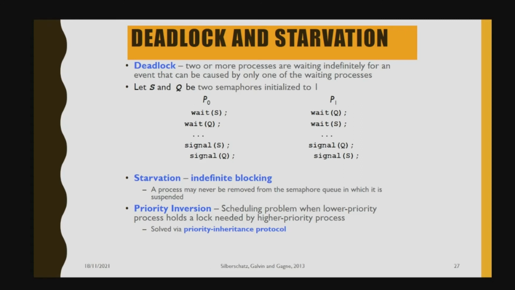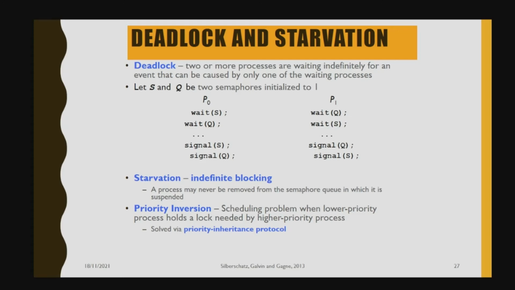Okay, another part is about starvation. Starvation means indefinite blocking. A process may never be removed from the semaphore queue in which it is suspended. This is another issue when we try to execute multiple processes. We also have priority inversion, which means the scheduling problem when a lower priority process holds a lock needed by the higher priority process.